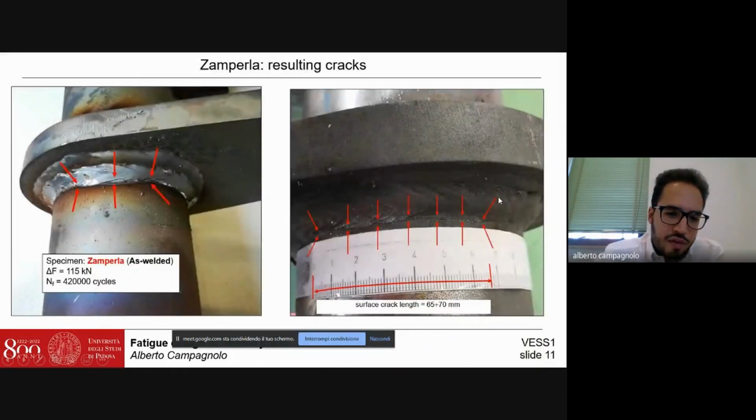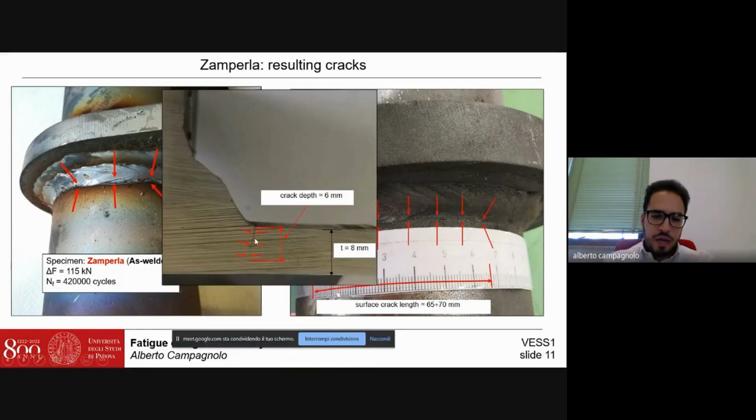After the fatigue testing, we have observed a cracking behavior which is similar to that of a simple small-scale laboratory specimen. Therefore, for the Zamperla joints, we have observed that the cracks originated from the weld side, propagating along the weld profile. In this case, we have observed that the surface cracks, originated due to cyclic loading, can reach a surface length on the order of 17 millimeters, so it is a very long crack, and this is typical of large-scale welded structures.